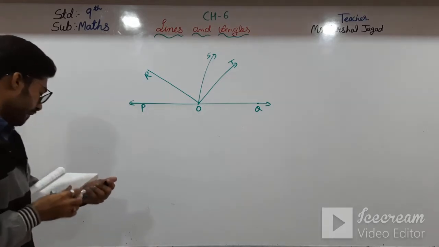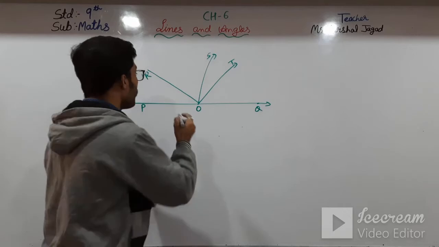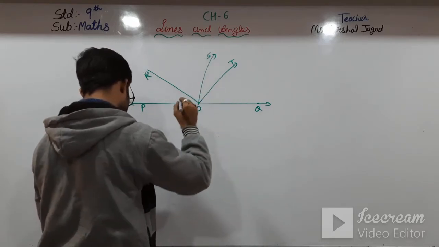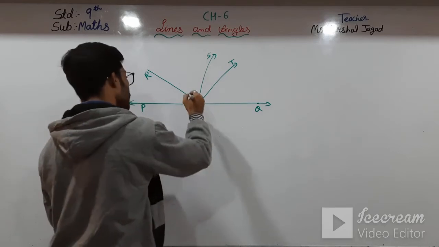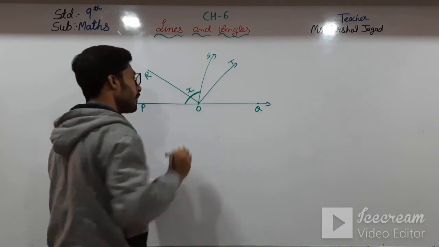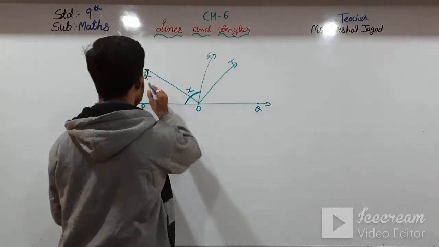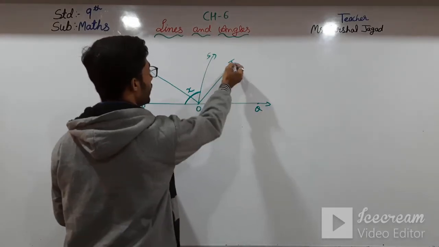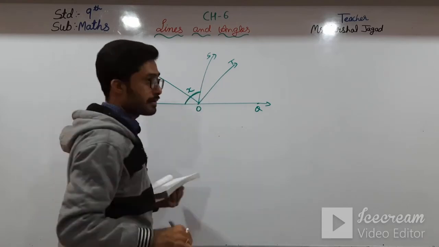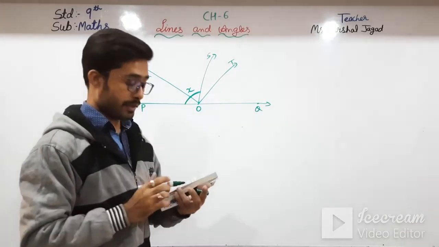Okay, and here they have said that angle POS is equal to X. This angle POS is equal to X, and we have to find ROT. How will we find, students?